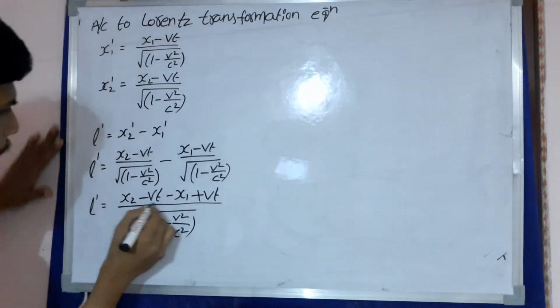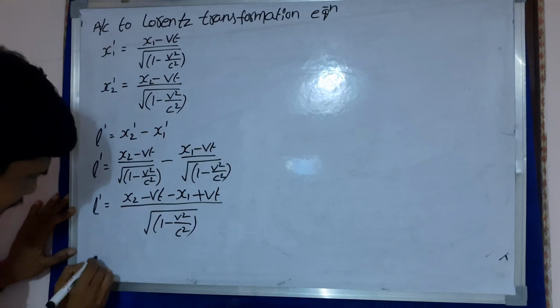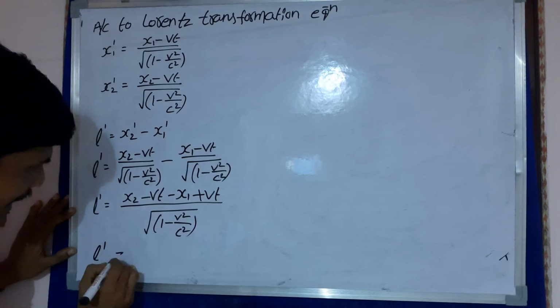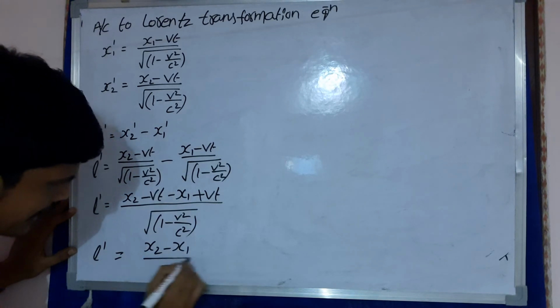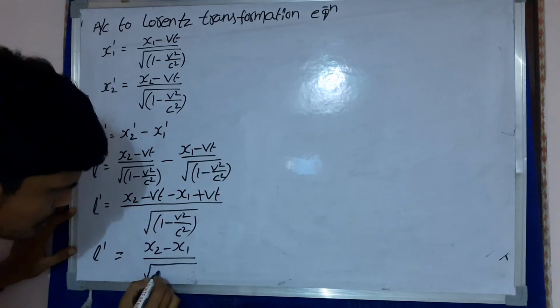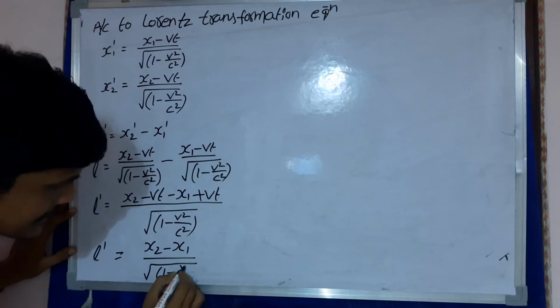So plus vt and minus vt cancel. The remaining equation is L dash equals x2 minus x1 by root over 1 minus v square by c square.